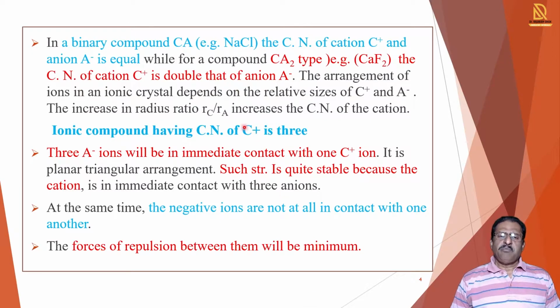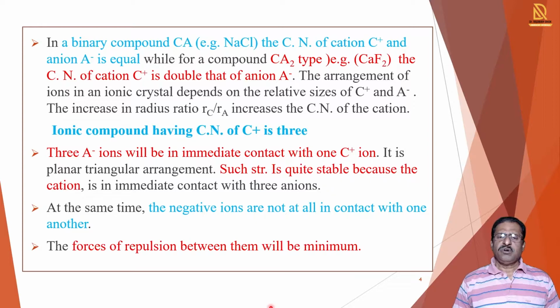In a binary compound CA, NaCl is one example, the coordination number of cation and anion is equal.